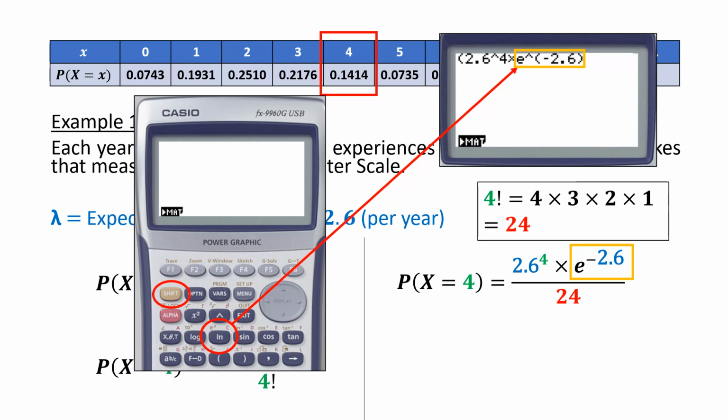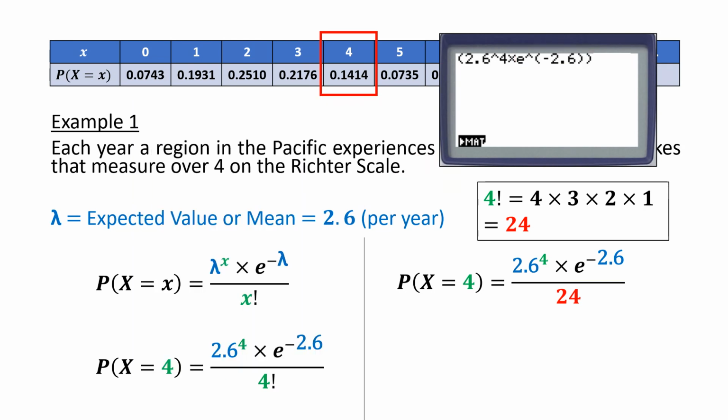I like to put it in brackets because it's negative. So I go brackets, negative 2.6, and close my brackets. Then I need to close my brackets again to close off the entire top of the fraction. And then I need to divide by 24, if you know what 4 factorial is, or just divide by 4 factorial. And that gives you the probability of 0.1414, which we're going to round to 4 significant figures.